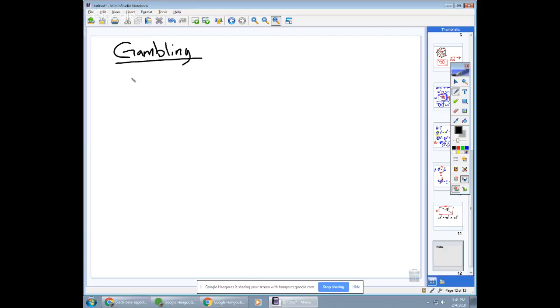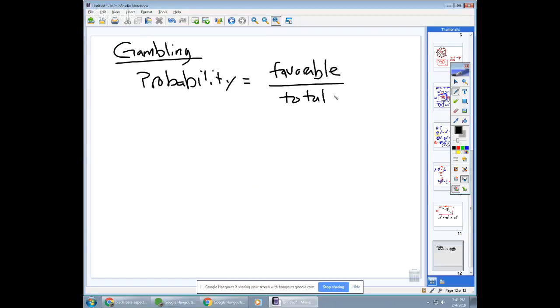With gambling, there's probability, and probability is just favorable outcomes over total outcomes. So maybe it's a horse race, and the horse has a probability of winning of, I don't know, 1 to 10. So that means it won 1 out of every 10 races it's done in its lifetime, maybe.